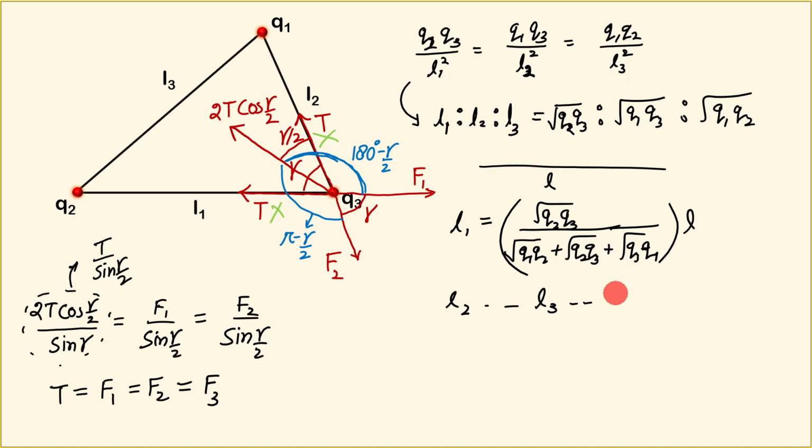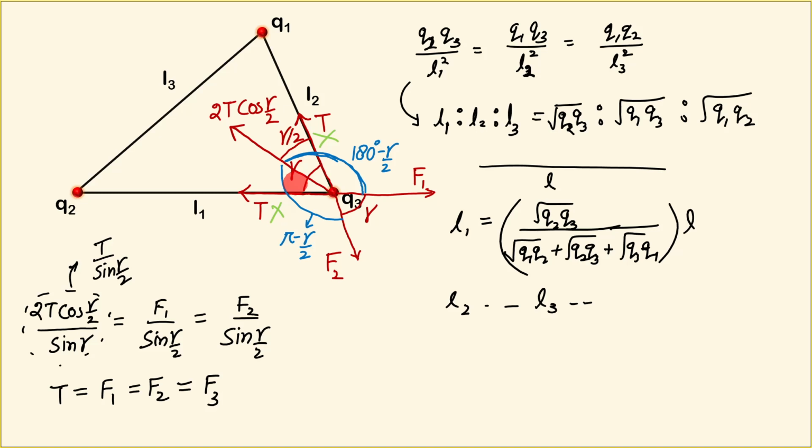So what other condition can we take? Will this physical situation be possible for any given charges? No. There has to be some condition, and that condition should come from the geometry of this triangle. For a triangle, we know that the sum of two sides is going to be greater than or equal to the third.